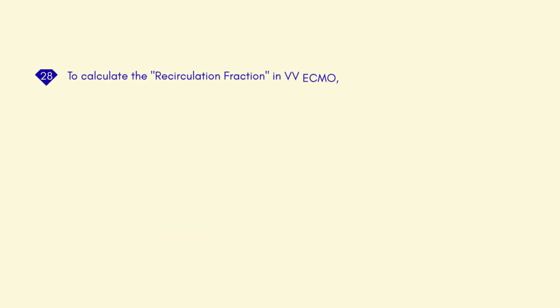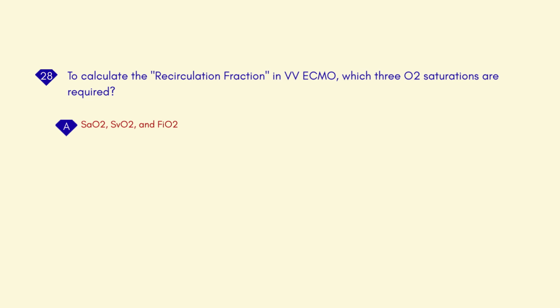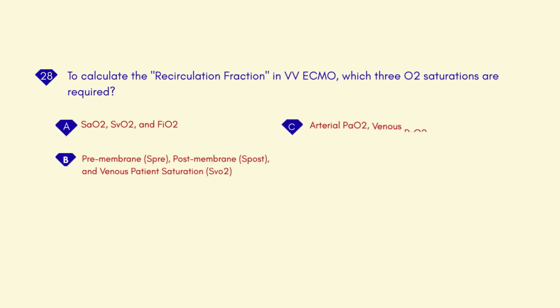To calculate the recirculation fraction in VV-ECMO, which 3 O2 saturations are required? A. SaO2, SbO2, and FiO2. B. Premembrane, SPRE, postmembrane, SPOST, and venous patient saturation, SbO2. C. Arterial PaO2, venous PvO2, and sweep gas flow.